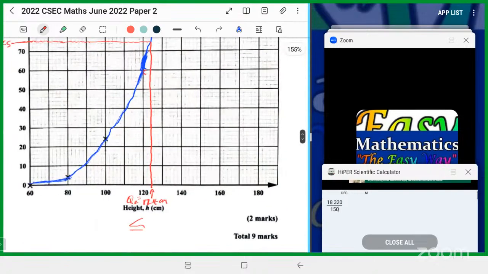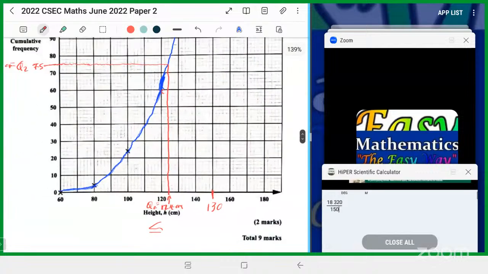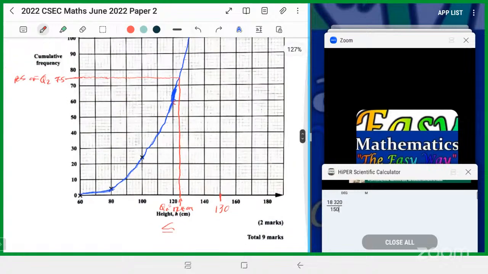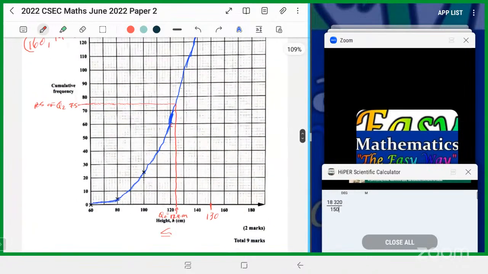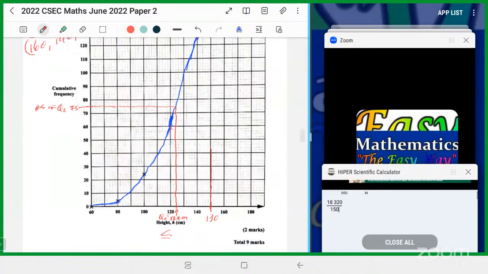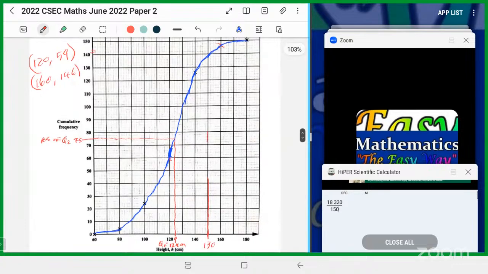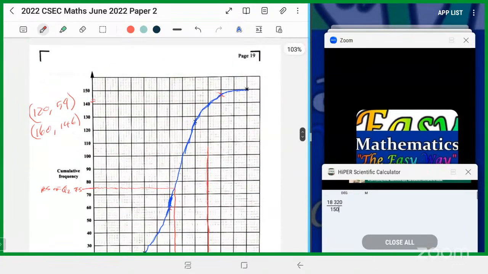All right, so looking for 130. Right here is 130. The graph is going to show you how many are less than that. The height that you want is the one up here. You want to know how many people up here. So the graph shows you how many people are less than or equal to 130 first, and the rest of them are more. So come on the graph on this 130 line right up to here.